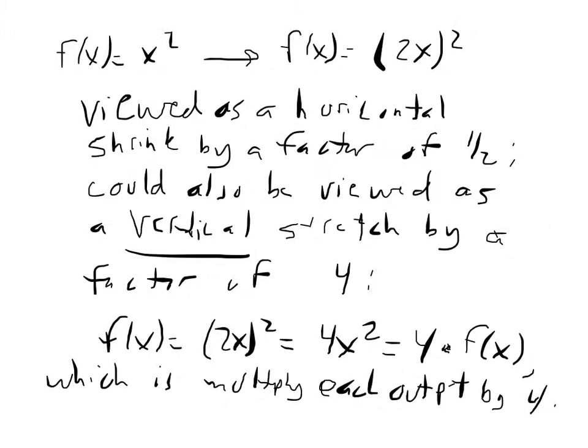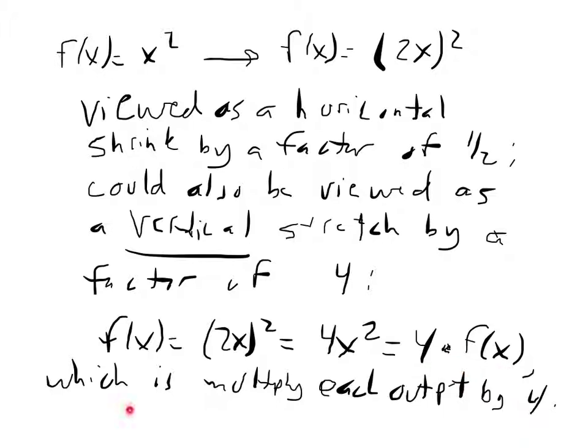Now, I will add in here that you can view what we just did with some horizontal stretches and shrinks with the functions that we're looking at for now. We could view them also a little differently. I can view replacing x with 2x in this quadratic as a horizontal shrink by a factor of 1/2, but I also could do some simple algebraic simplification and find out that (2x) squared is 4x squared.